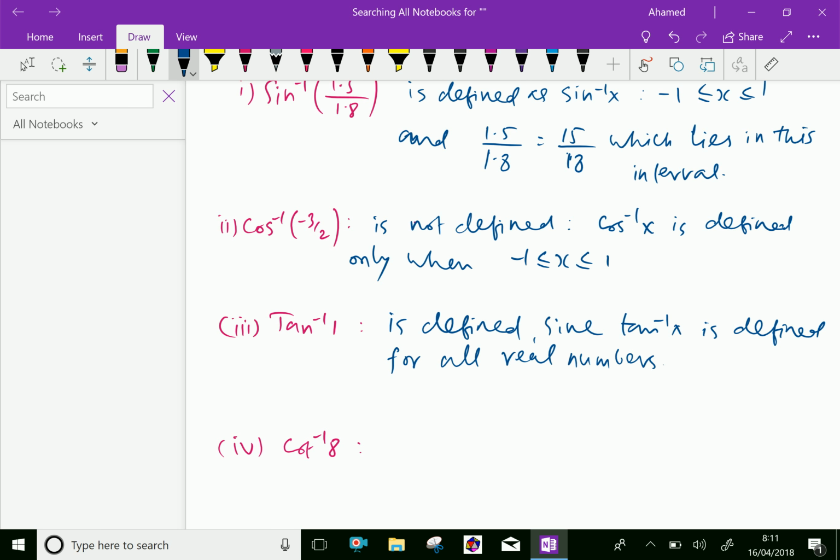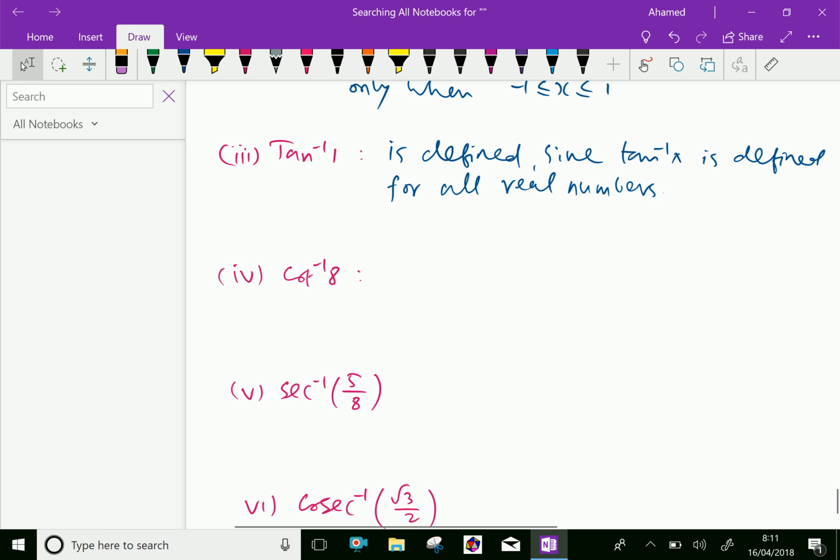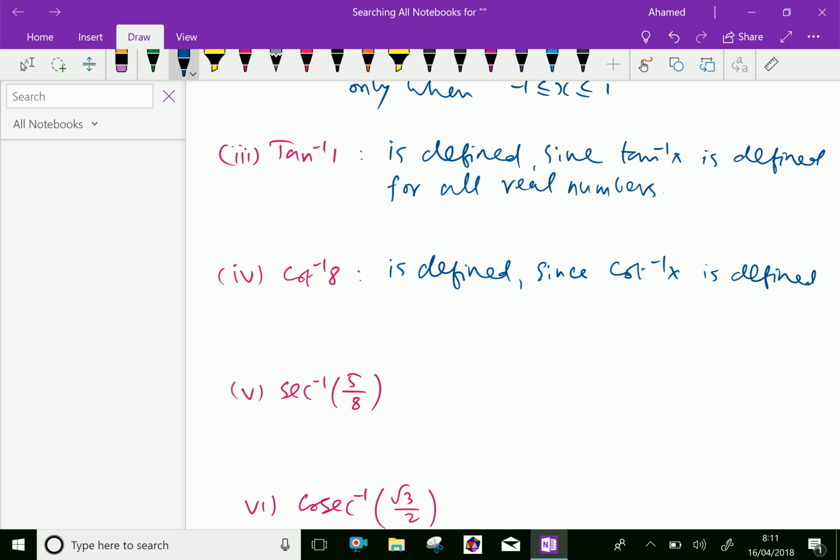So it is defined. Next, cot inverse 8 is defined, since cot inverse x is defined for all real numbers.